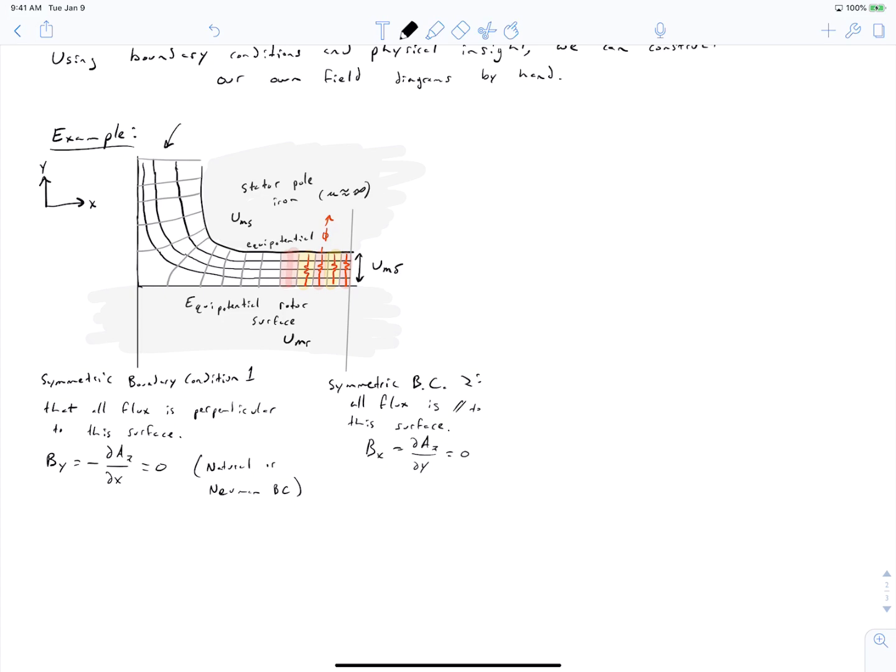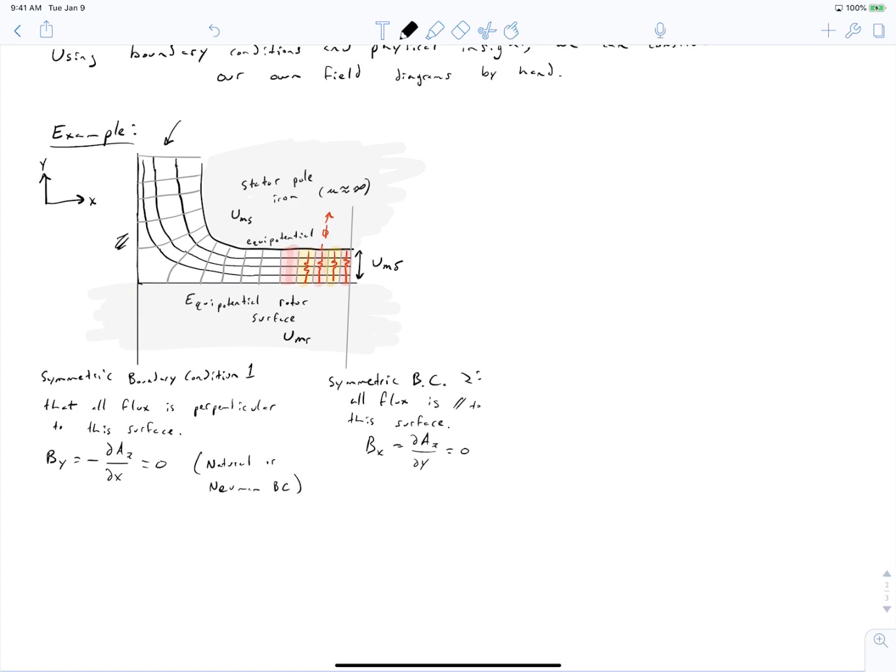So we had to understand the nature of magnetic fields in our cross-section in order to employ these boundary conditions of the equipotential surface over here and the boundary of the flux tube over on this side. And by doing this, we were able to draw a fairly precise fields diagram that we could, again, use to calculate our total flux, our permeability, and our fields everywhere.